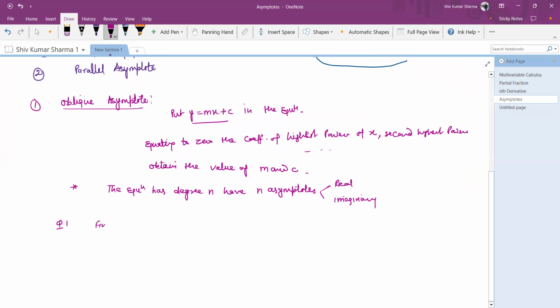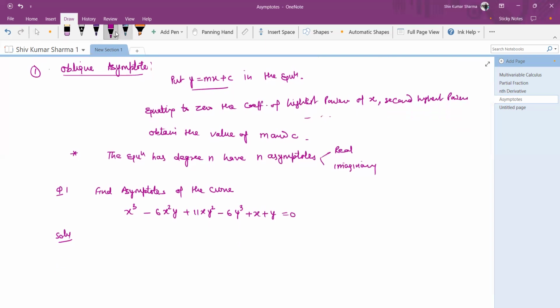So we start with one question. Find the asymptotes of the curve x cube minus 6 x square y plus 11 x y square minus 6 y cube plus x plus y is equal to 0. So this is our equation. Now we see what the degree of this equation is.